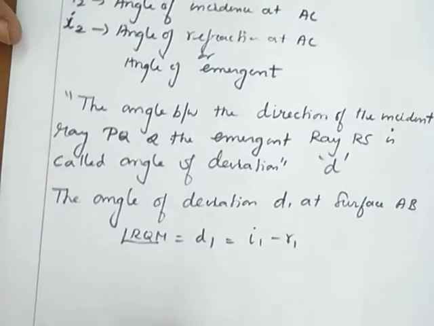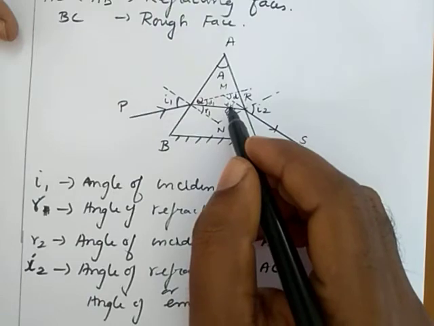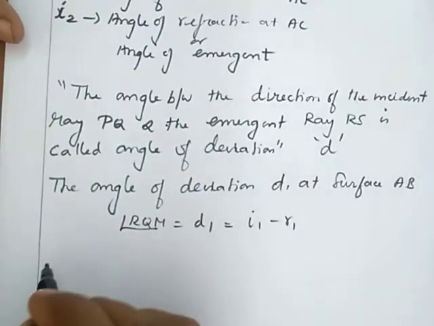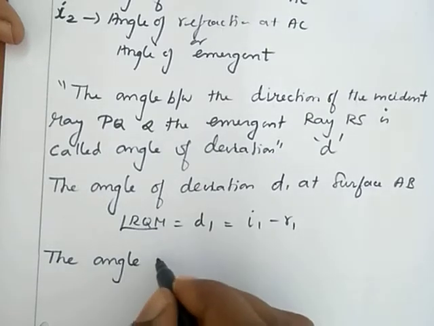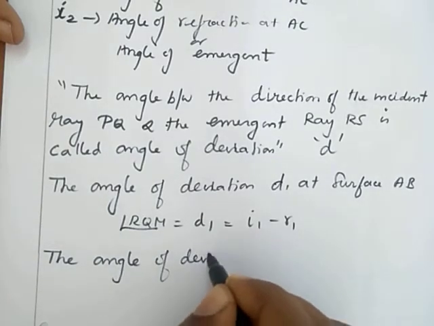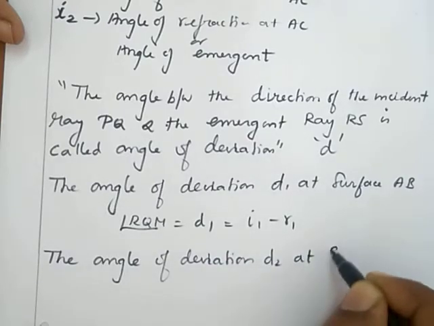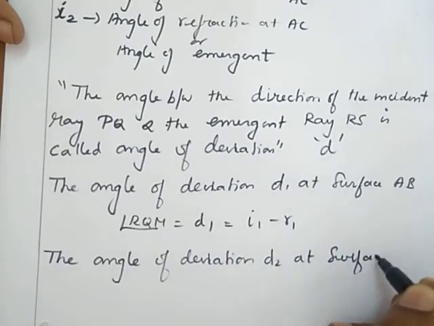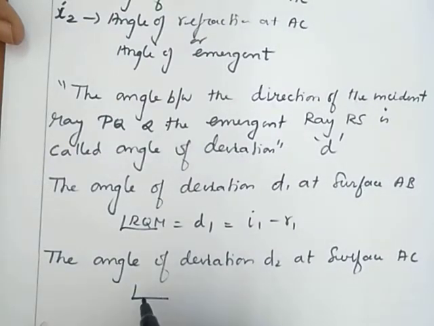Then the angle of deviation D2 at the face AC, this D2, is written as angle QRM, that is equal to D2.